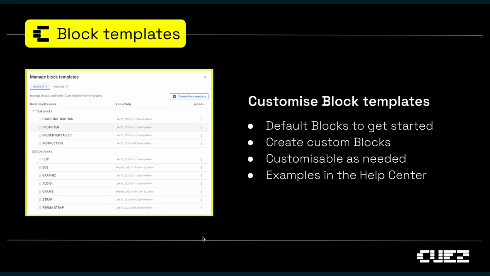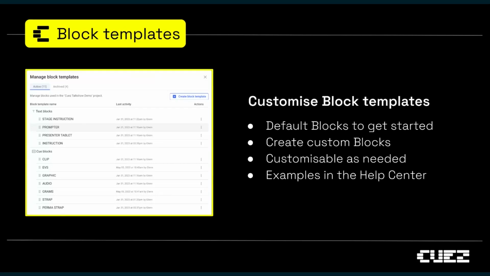One of the first topics we will discuss is customizing the block templates. For those of you that already registered in Cuez, you will know that you start a new project with a couple of default blocks already that you can start playing around with. For those that missed the last webinar or that are new to Cuez, blocks are the basic building blocks that you will use to build your script and rundown.